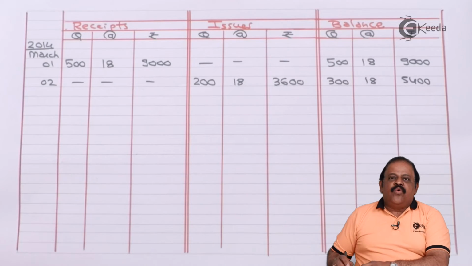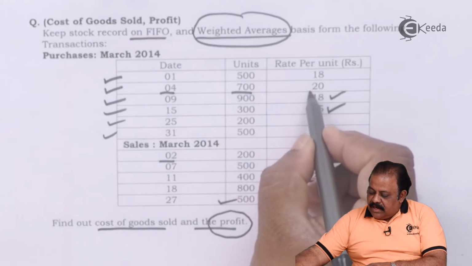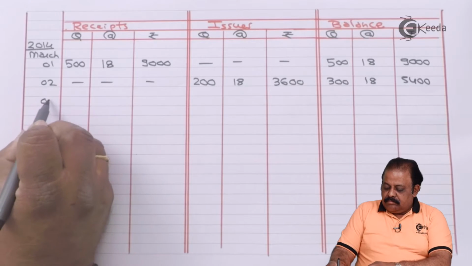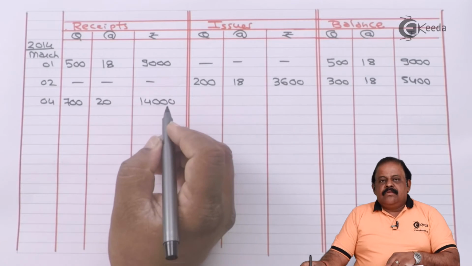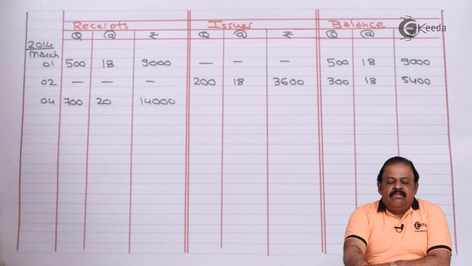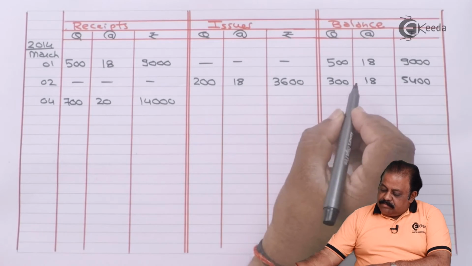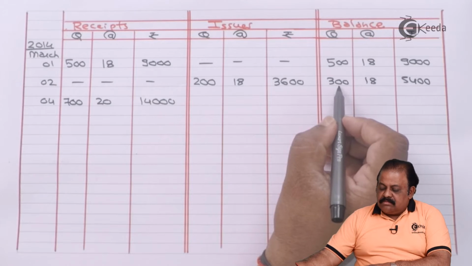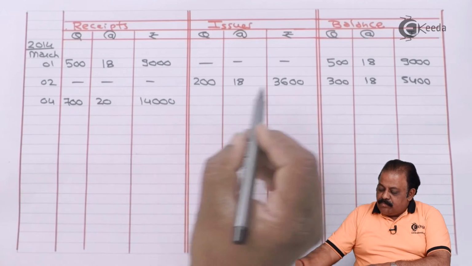On 4th March, there is purchase of 700 units at the rate of 20. So its value is 14,000. Now we are required to use weighted average basis concept. Here we had 300 units. We have purchased 700 units. We are required to add these units.